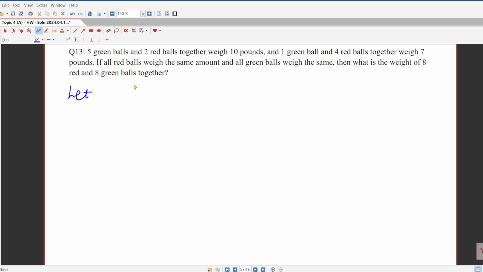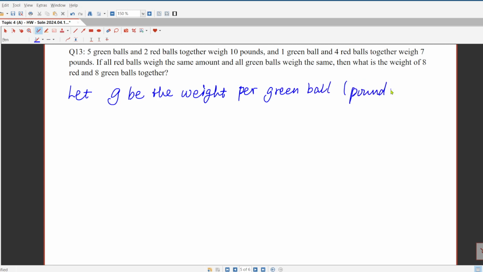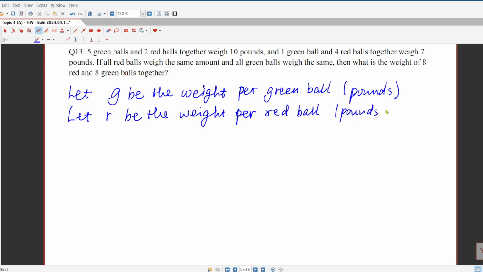So we could let G be the weight per green ball, and the unit is pounds, and then let R be the weight per red ball, and the unit is pounds as well.